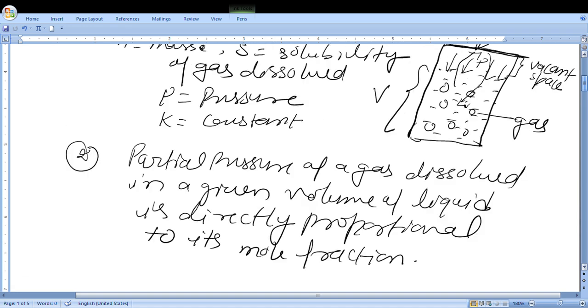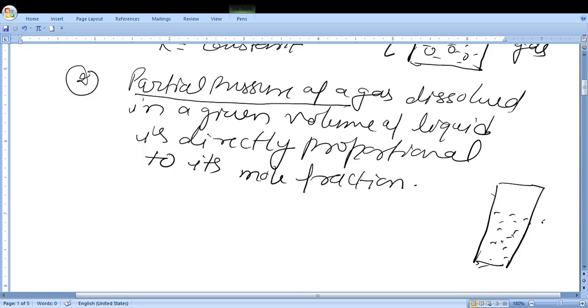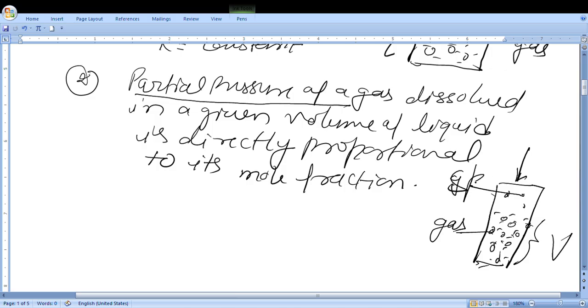What is it? The partial pressure of a gas. So we have taken a container. Here a mixture of gases is dissolved in a fixed volume V of liquid, and this is a gas dissolved into it. We are applying the pressure. There are a number of gases in the vacant space, so their pressure will be the partial pressure.